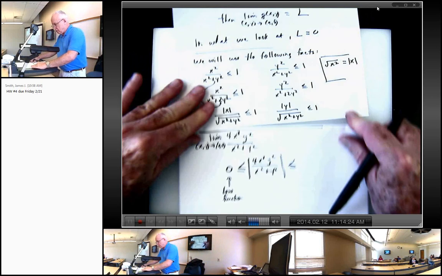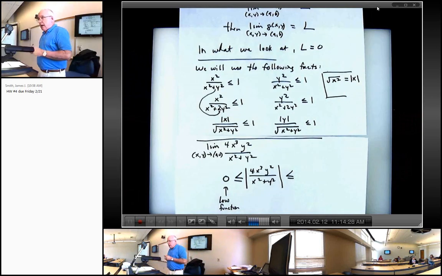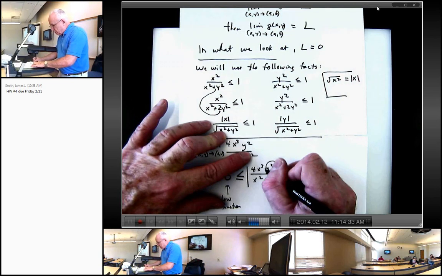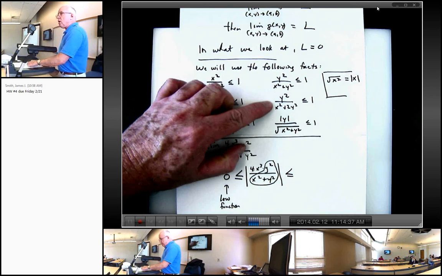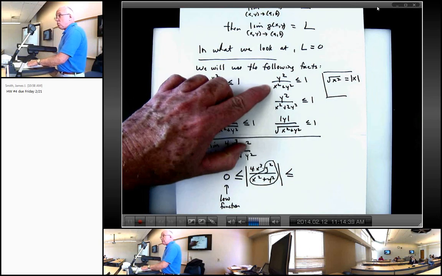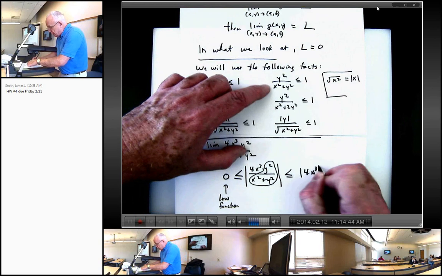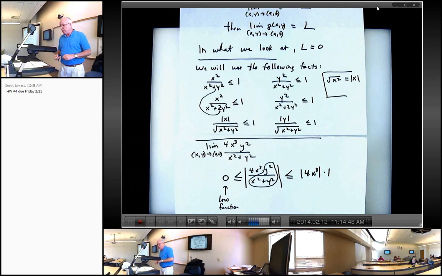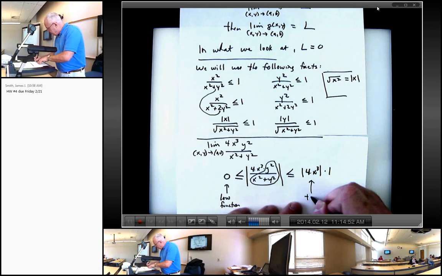The absolute value of 4x cubed, because notice here I've got times y squared over x squared plus y squared, and that's one of my inequalities. So that's less than 1. So this thing is less than 4x to the third times 1, which is just the absolute value of 4x to the third. And this then is our top function, or I called it the high function, I guess.